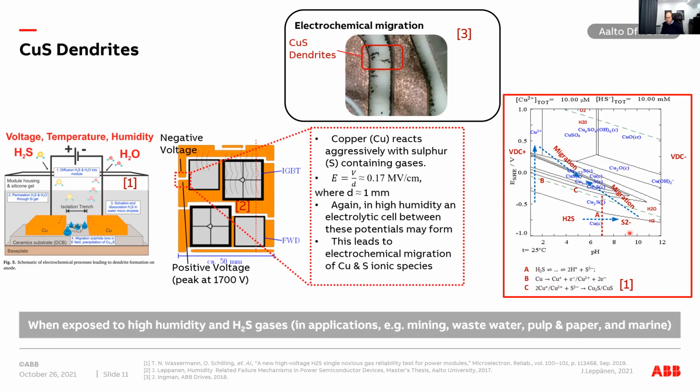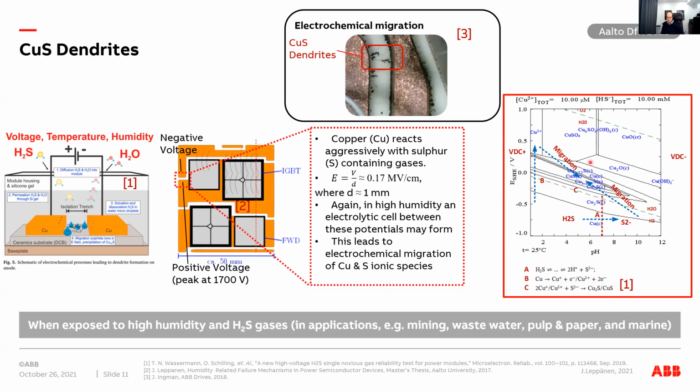Then this S2 minus can migrate towards the copper 2 plus or copper plus ion and react with it to form Cu2S or CuS, so copper sulfide in principle.